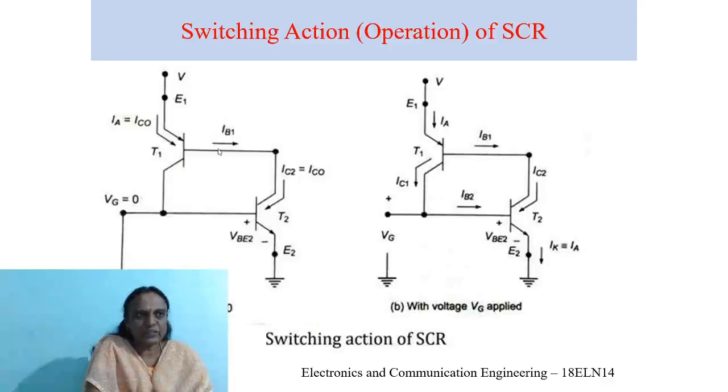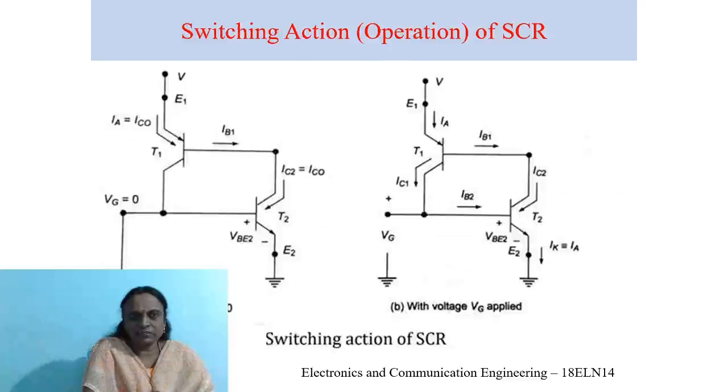When it is reverse biased, the base current of transistor T1, IB1, is equal to ICO. ICO is the leakage current due to minority charge carriers, and this leakage current is too small to turn on the transistor T1.